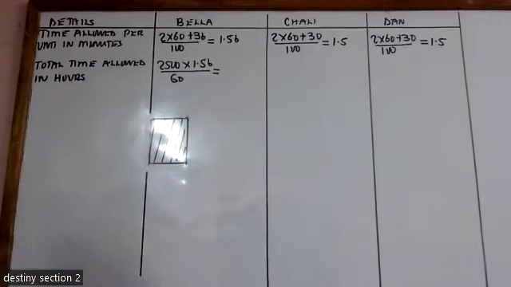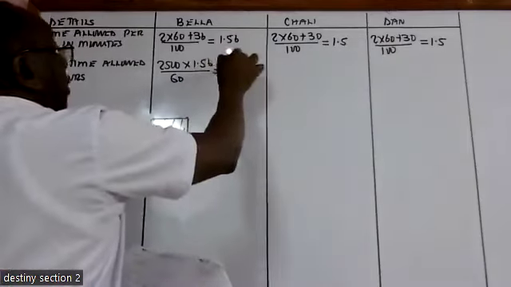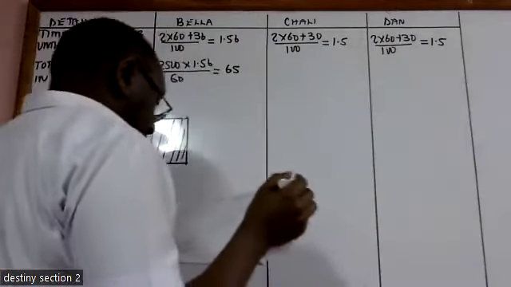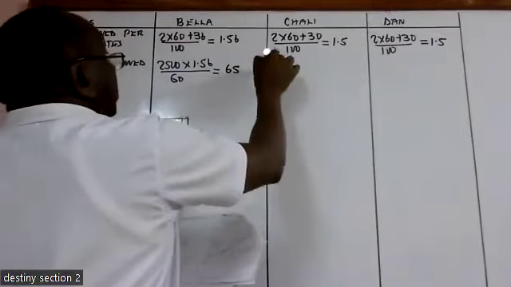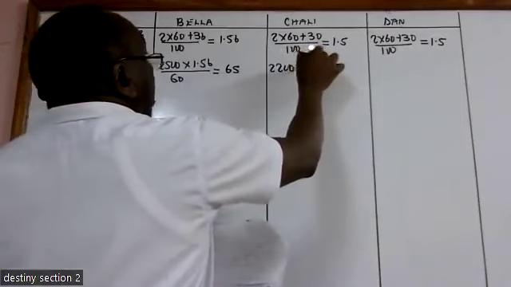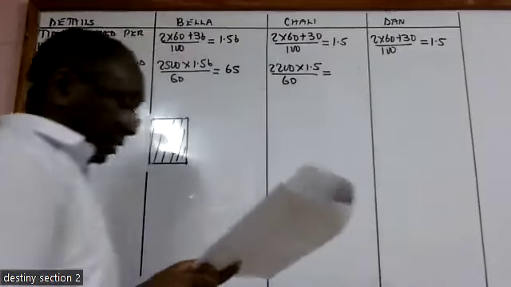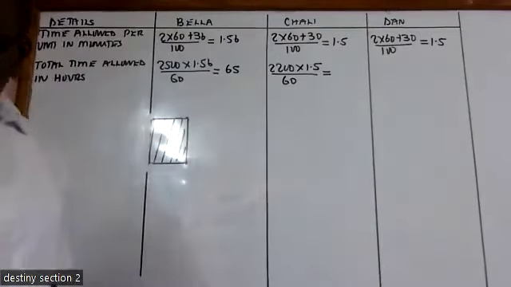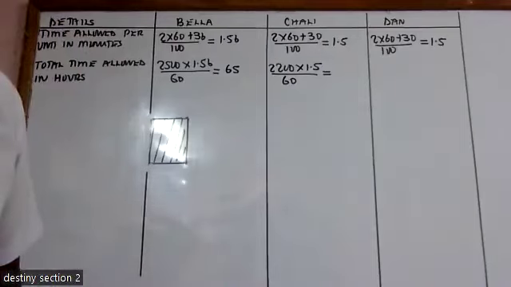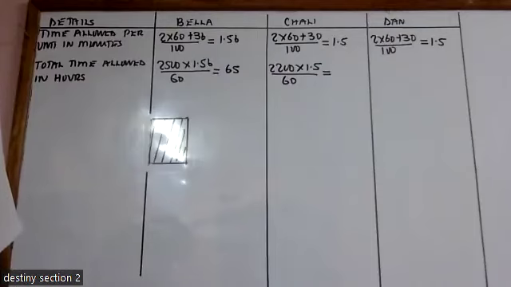65. We do the same to Charlie. He did 2200 units, and each one was allowed 1.5 minutes. You divide by 60. 55.